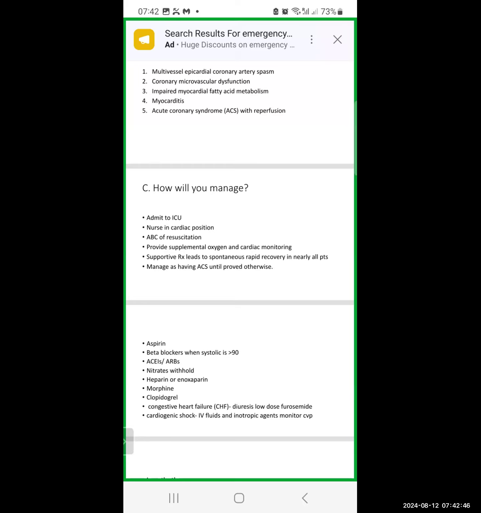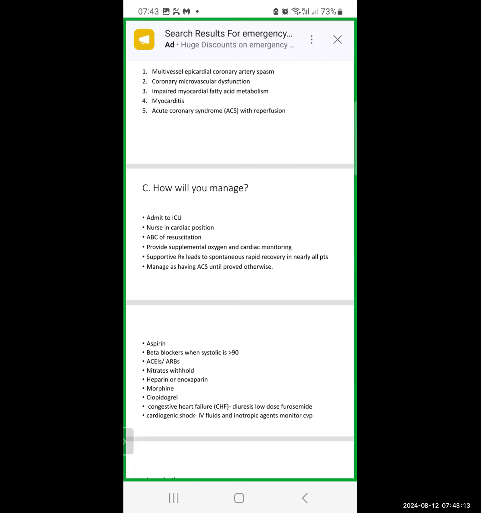In fact, if the patient comes in with shock and ECG findings suggestive of myocardial infarction, and you've not yet had the chance to do an echo, and you are managing the shock, you give inotrope, and the blood pressure dips, that should raise your suspicion that this patient may have takotsubo cardiomyopathy.